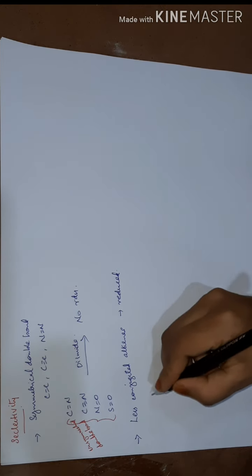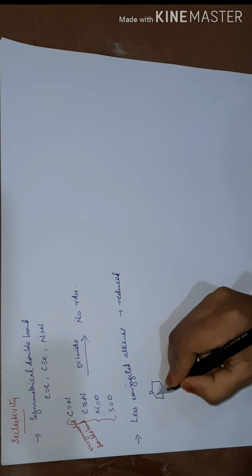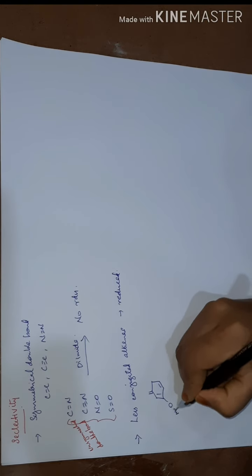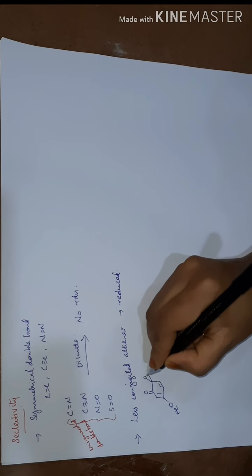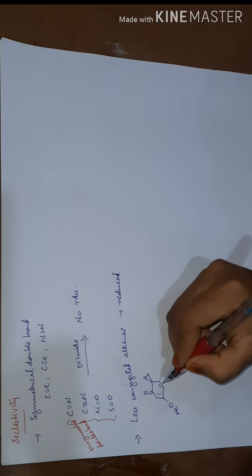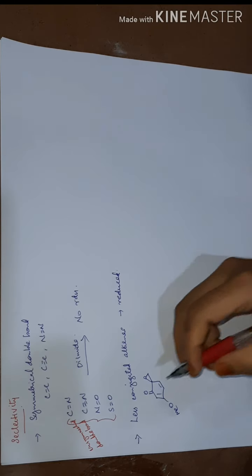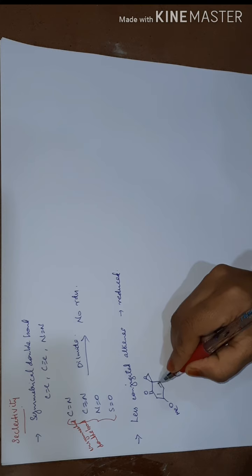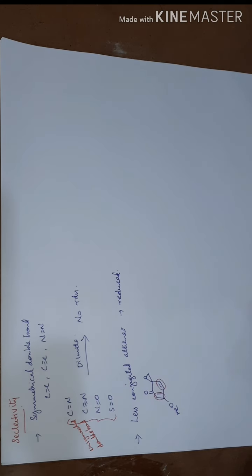Suppose, for example, we have a compound like this. There is a carbonyl functional group and an epoxide ring here. And the focus here is only the reduction using diimide, and the diimide can act at either this region or this region.